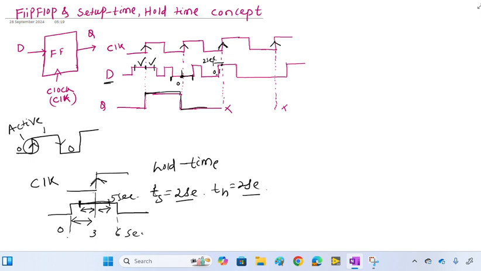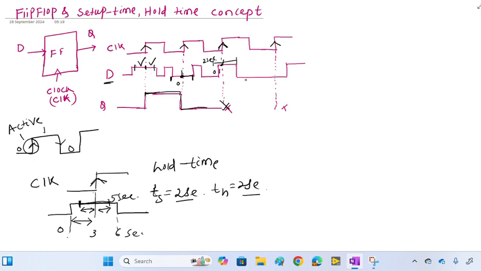So it is violating the setup time. So here we'll get some unknown output. This is known as setup time violation. But if you go to hold time, after this the data is constant for more than 2 seconds, so it is satisfying the hold time, but the setup time violation is occurring. So we'll get an unknown output.